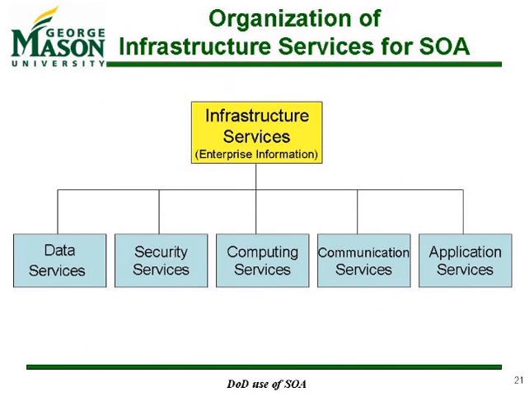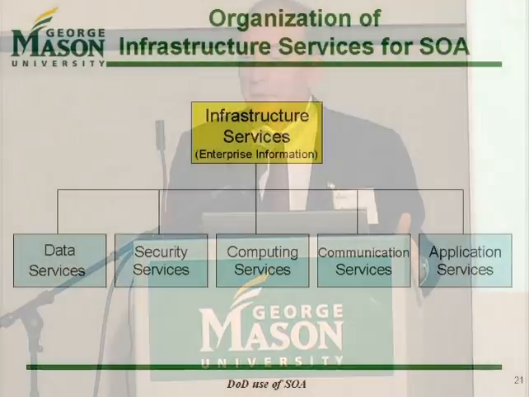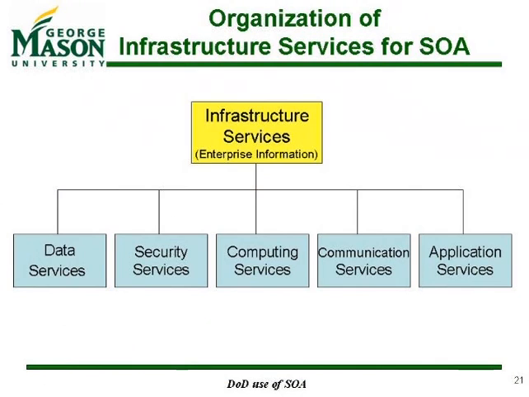So let me now take apart the infrastructure services, because that's the key. What are the components of infrastructure services? What pieces of SOA are supposed to be shared across DoD units? The answer is data services, security services, computing services.